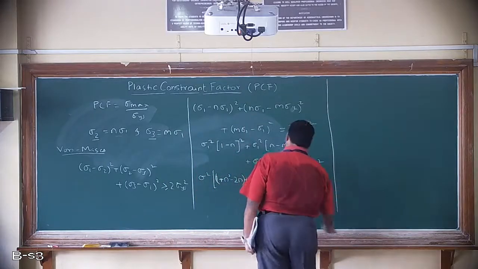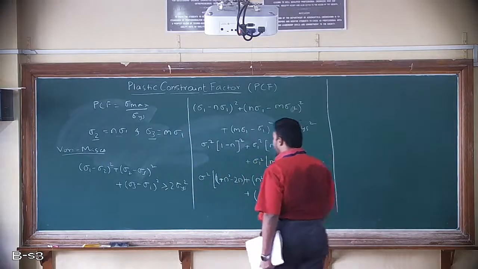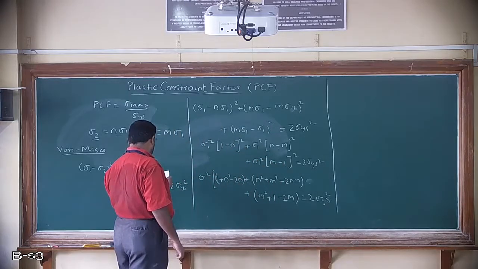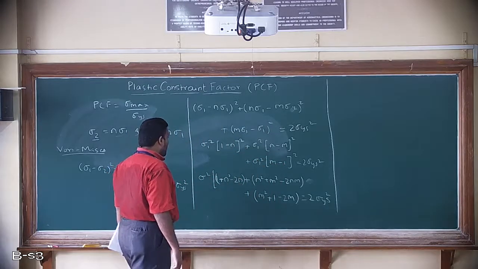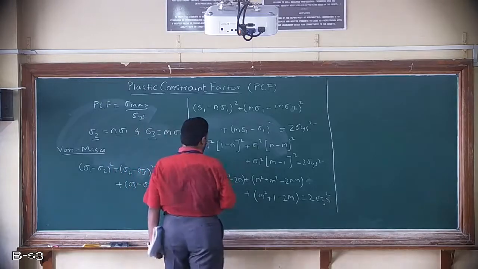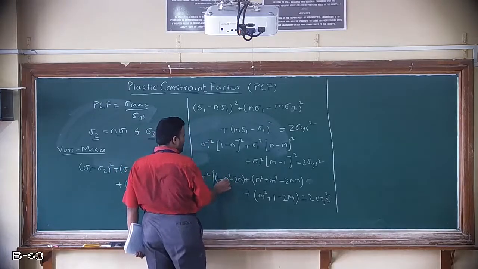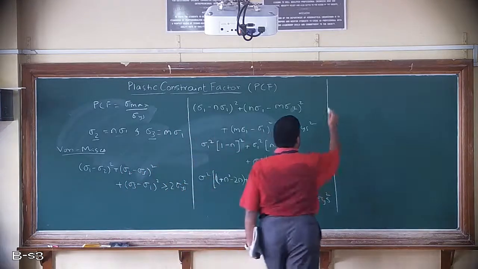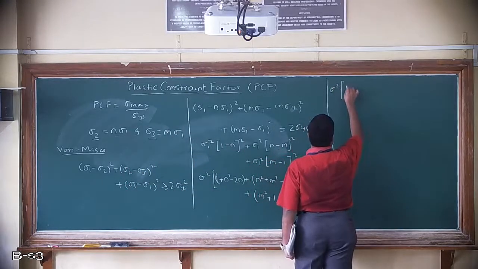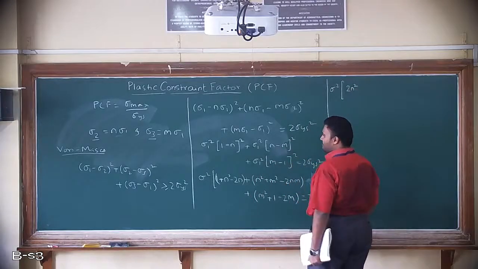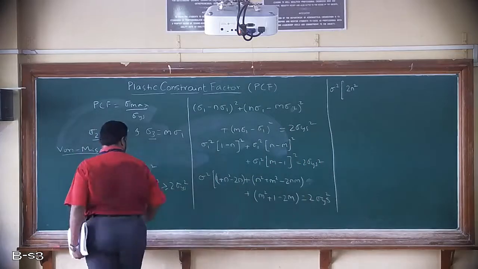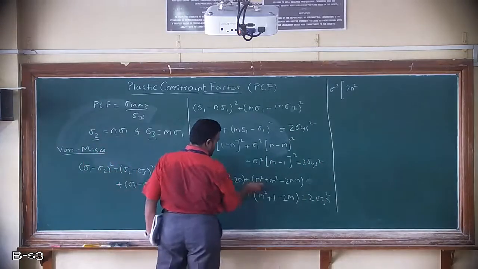Now we see which terms get cancelled or which terms can be clubbed. You have one n square over here and a second n square over here, so you can write sigma 1 square in the bracket 2n square. I have clubbed this n square and this n square.